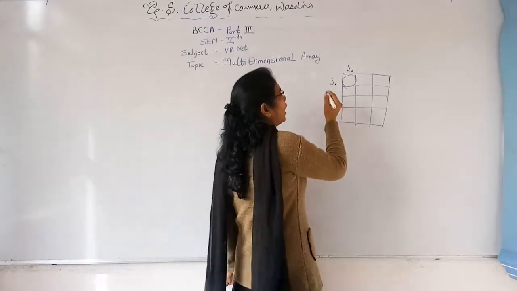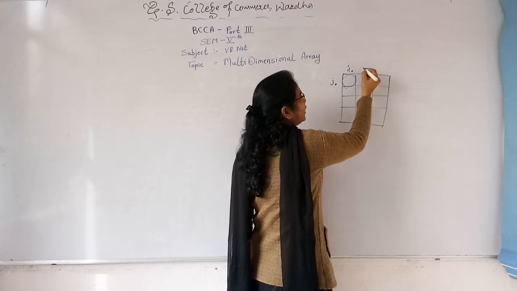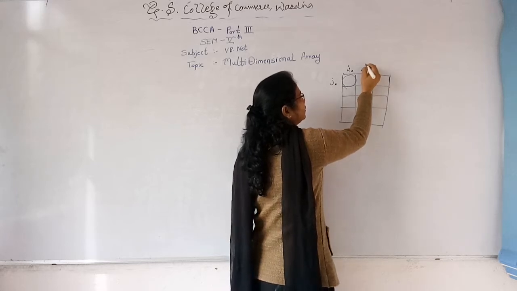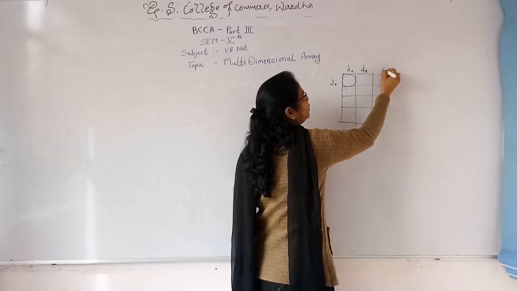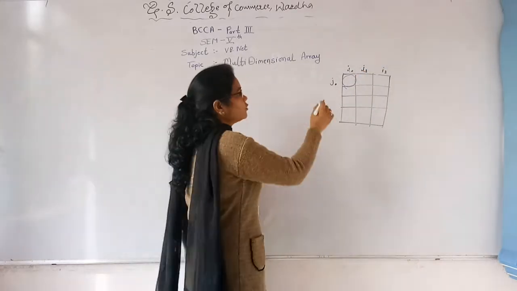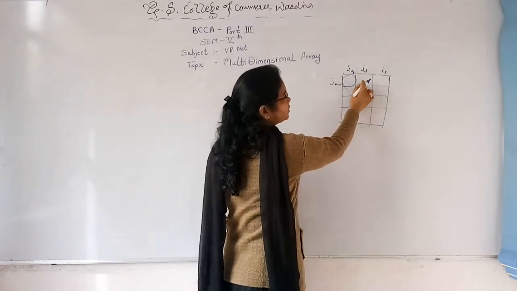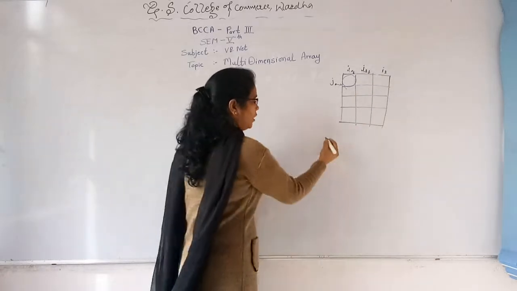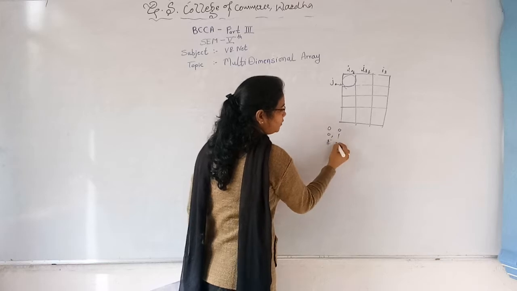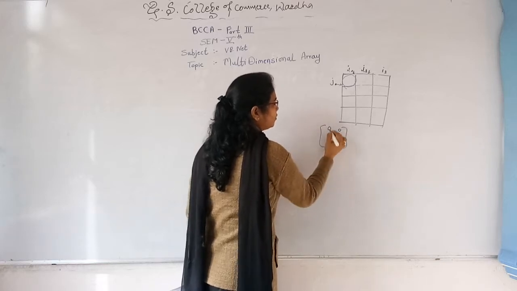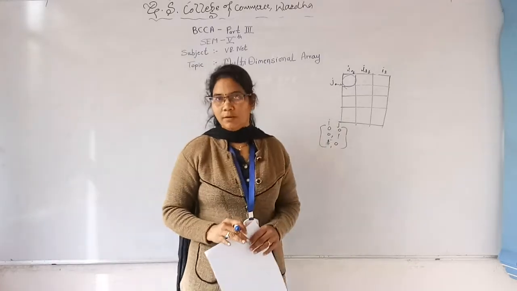Then for the next one, where j is equal to 0, i becomes 1, and then i becomes 2. So the positions are 0,0, 0,1, 1,0. This is nothing but the position of i and j for storing the element in a multi-dimensional array.